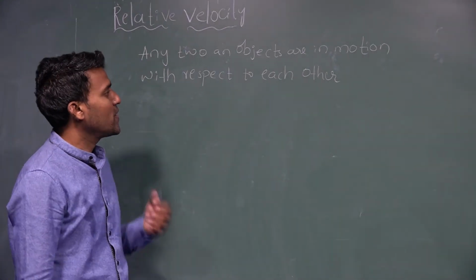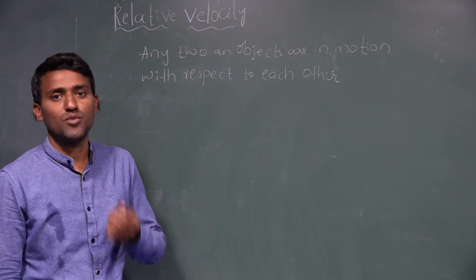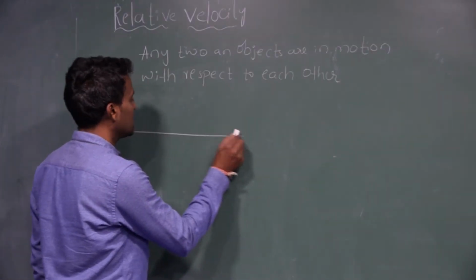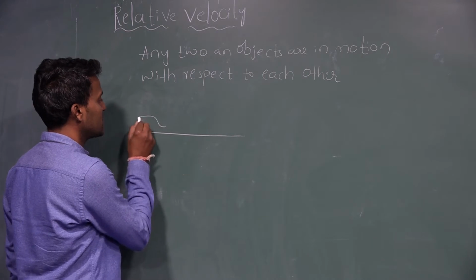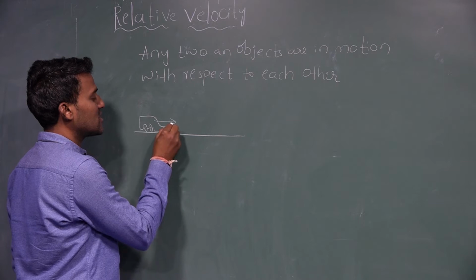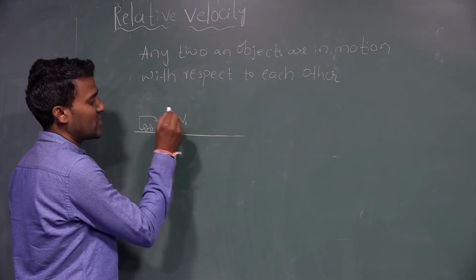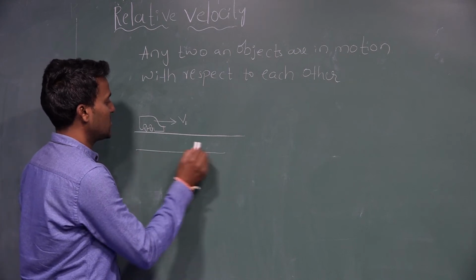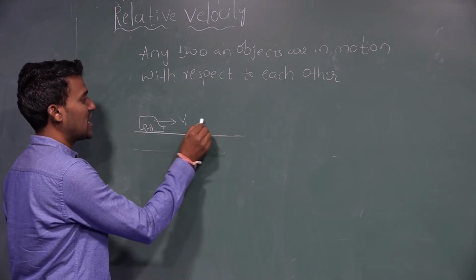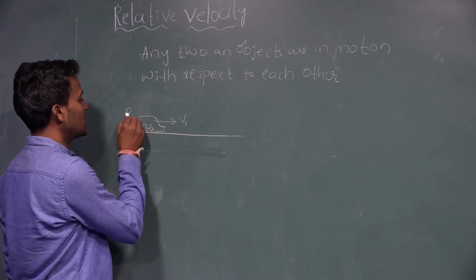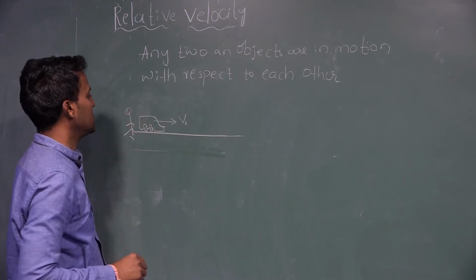In this one, I will give you one example. See here, a person is going by car with a velocity v1, and another person is standing nearby.